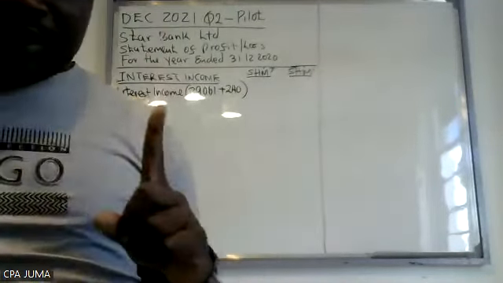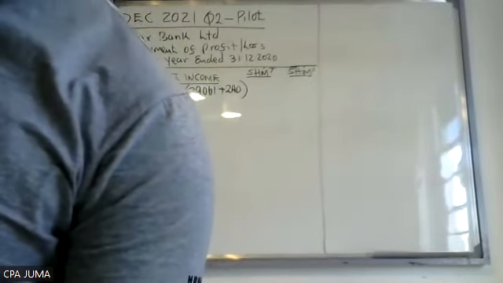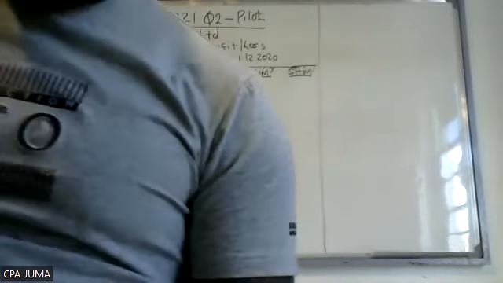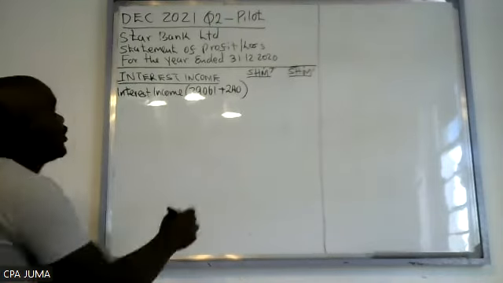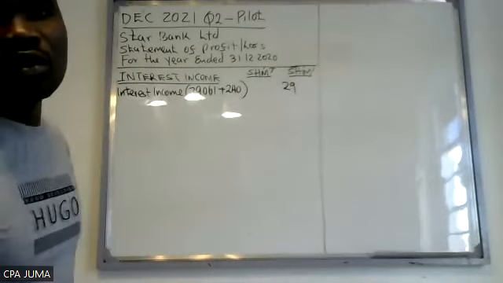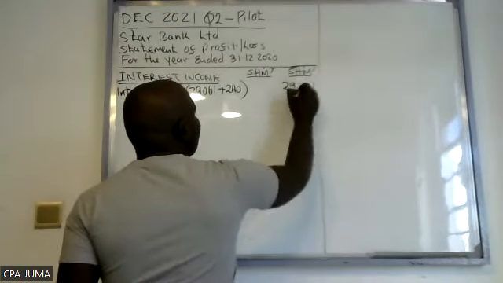I want us to finish exactly on time. All right, so good. 29, year 1.